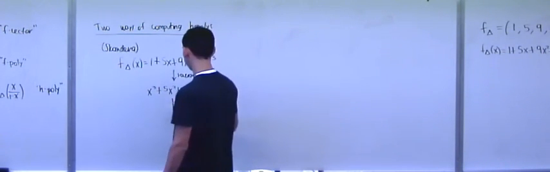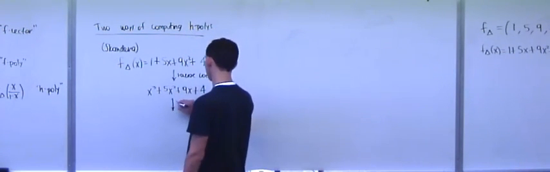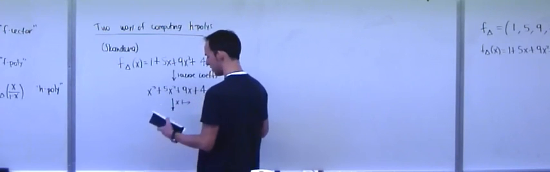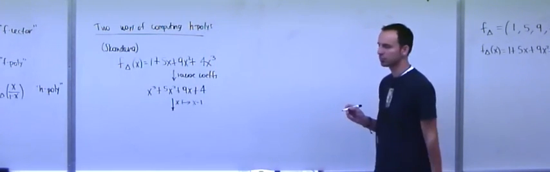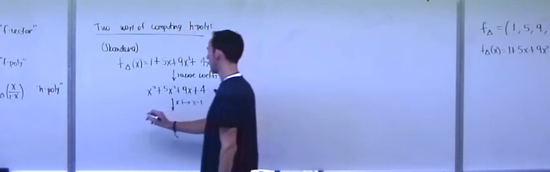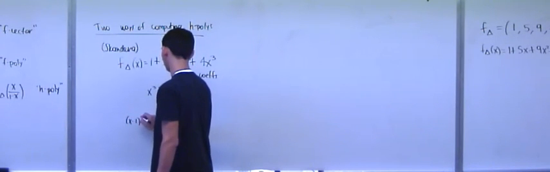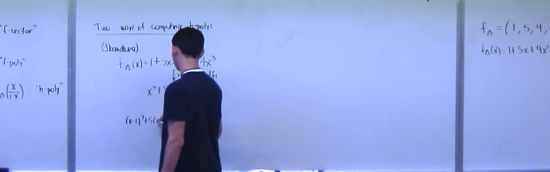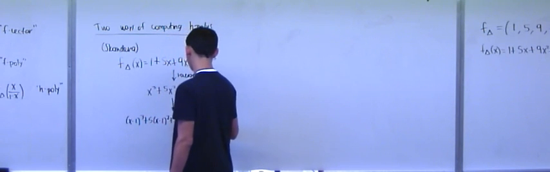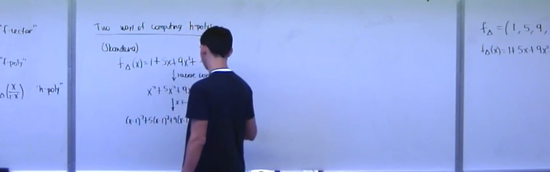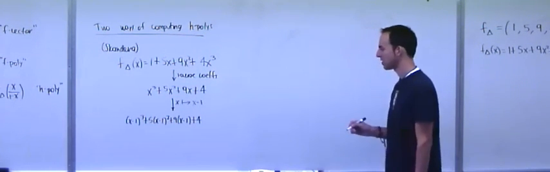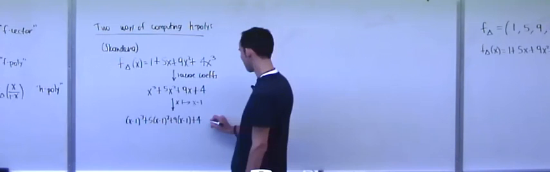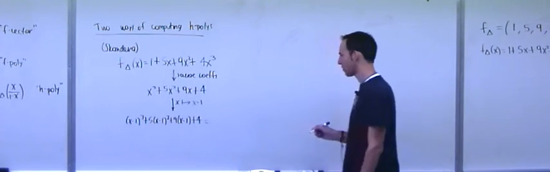The second step is that you're going to take x and plug in x minus 1. Okay? So what you get is x minus 1 cubed plus 5 times x minus 1 squared plus 4. So we can either compute this or type it up into whatever program we have in front of us.